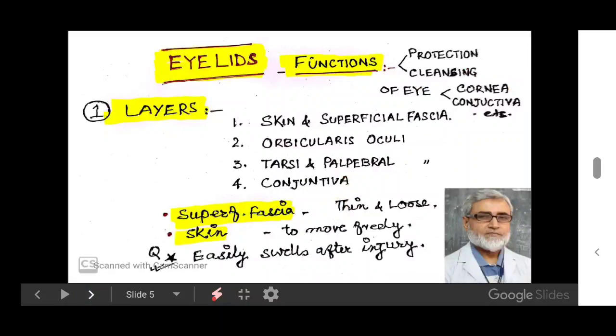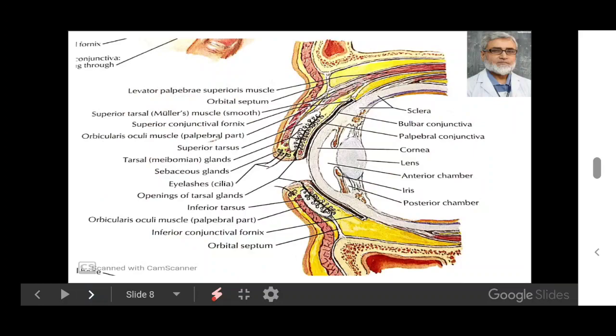So come over here. Different parts regarding eyelid. You can see other section. Just observe here, different parts when longitudinal section is taken.